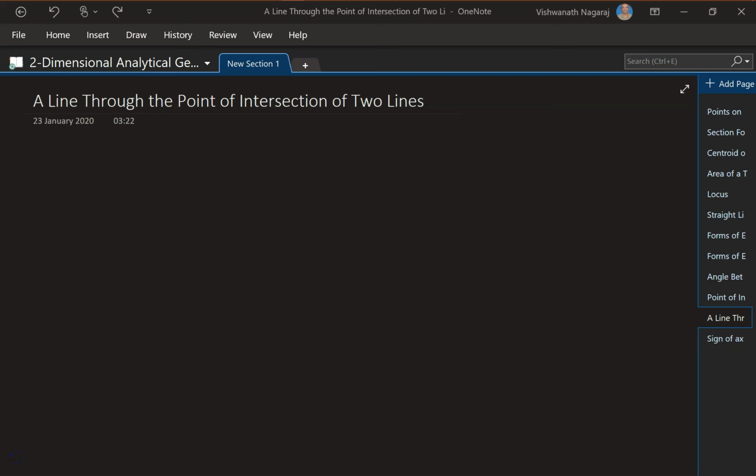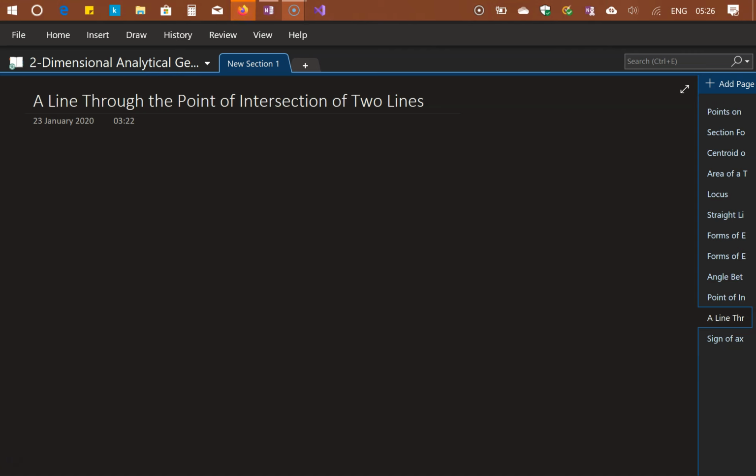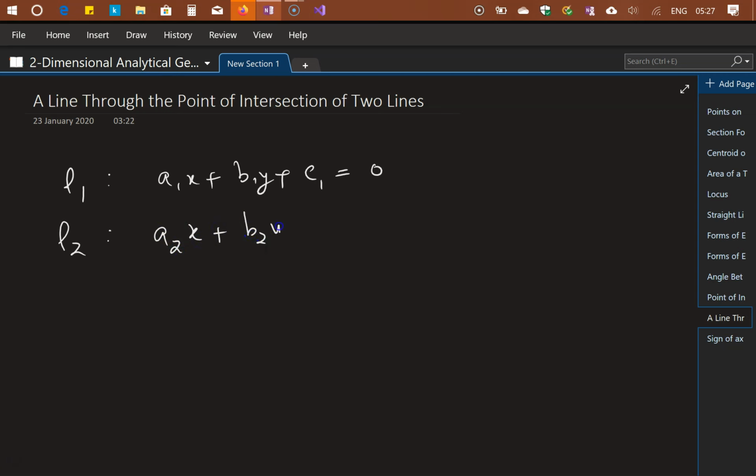A line through the point of intersection of two lines. So let's say L1 is A1x plus B1y plus C1 is equal to 0, and let's say L2 is A2x plus B2y plus C2 is equal to 0.